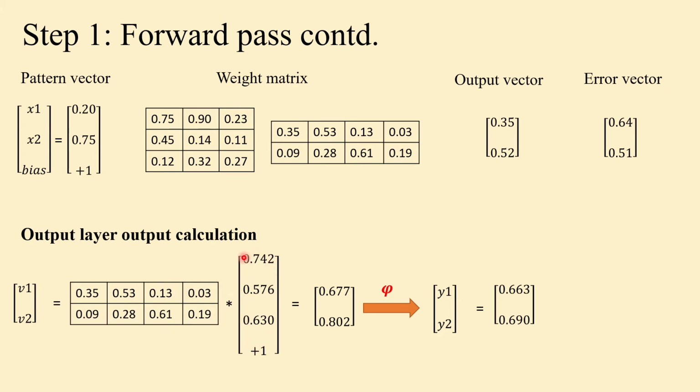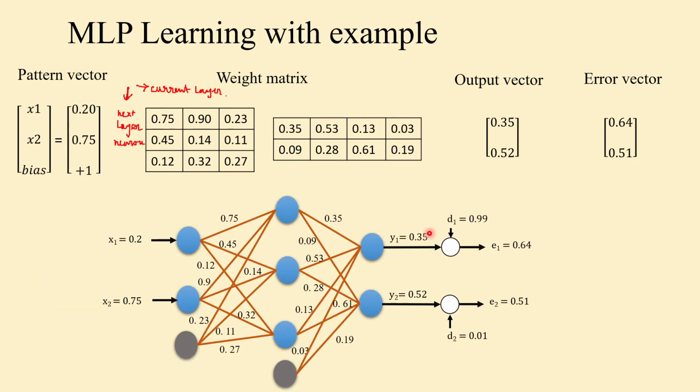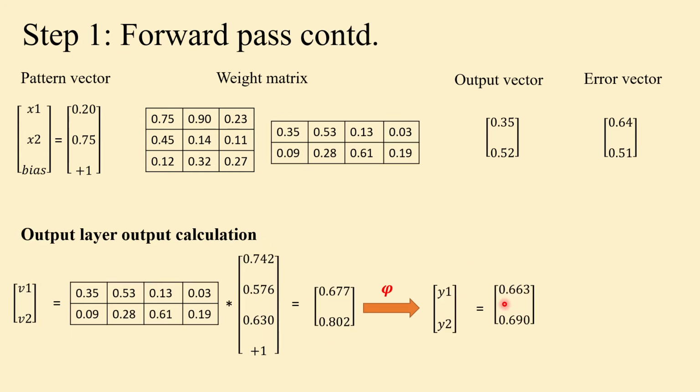So these are the two v's of the output layer, which go through the activation function, and ultimately y1 y2 become 0.663 and 0.690. So if you actually calculate it, we get 0.663 and 0.690 in the output layer, whereas what we were discussing here was an arbitrary value, that we have seen, right?